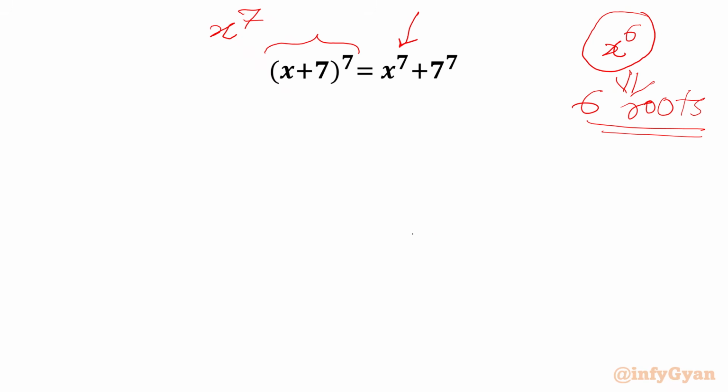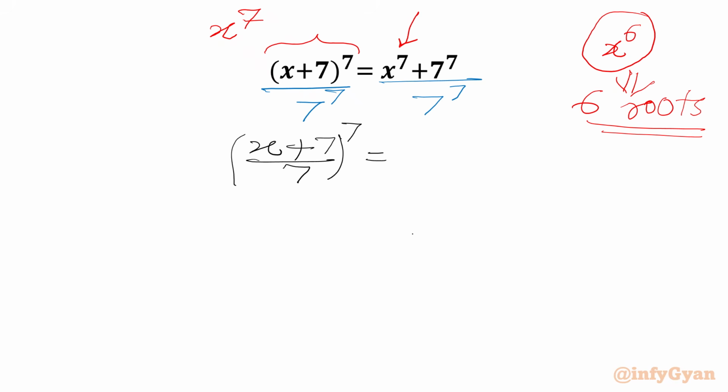Now I will divide our equation by 7 power 7 on both sides. Using the exponent law, (x plus 7) whole power 7 over 7 power 7 can be written as (x plus 7 over 7) whole power 7. In the right hand side, we will write x power 7 over 7 power 7 plus 7 power 7 over 7 power 7.